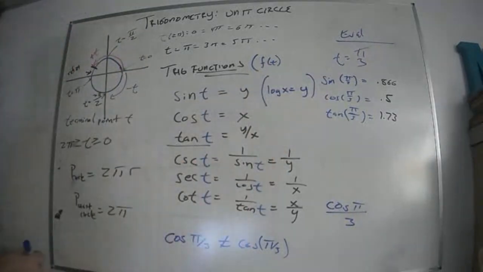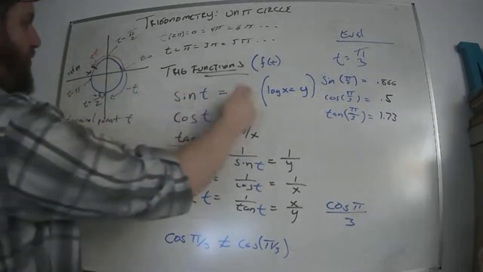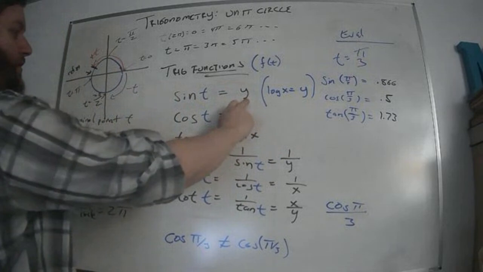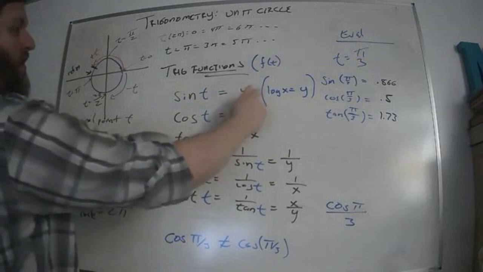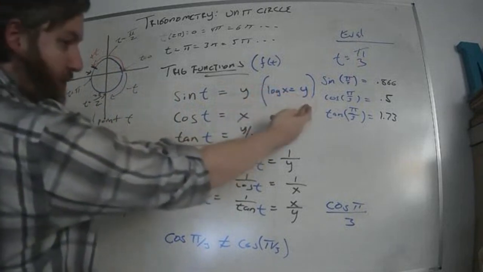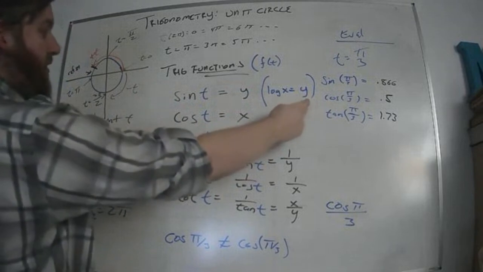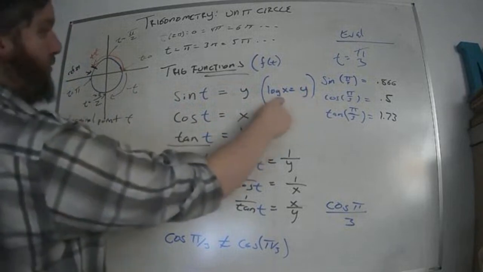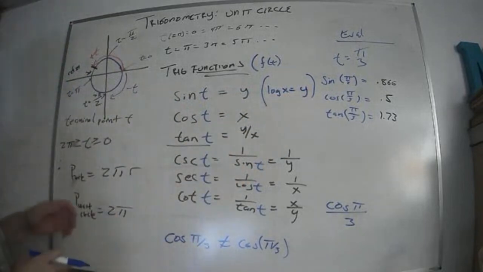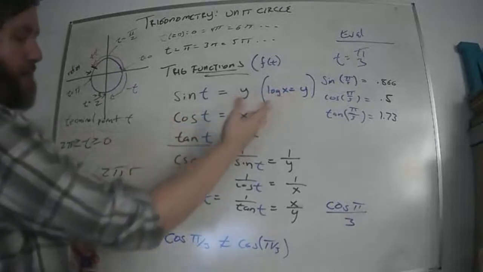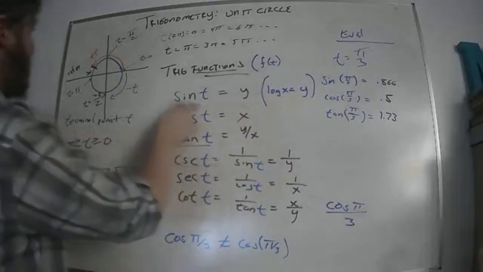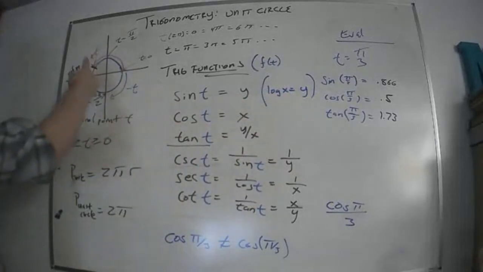The sine of t gives you the y coordinate. The log of x is an exponent. It's a number that gives you the exponent you need to raise 10 to. So while log tells us what happens in powers of 10, sine tells us what happens in rotations.